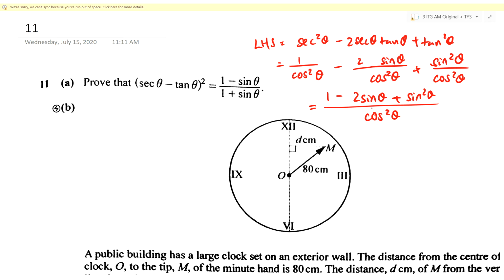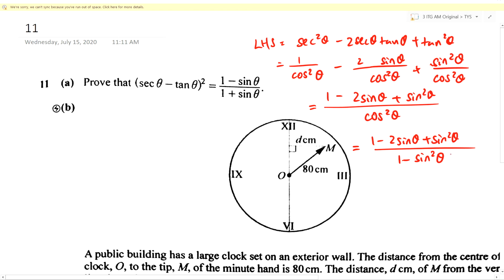Change sine squared to what? What can we do? What about the cosine squared? I think it's easier to change our cosine squared in terms of sine. 1 minus sine squared theta, yes. So 1 minus 2 sine theta plus sine squared theta over 1 minus sine squared theta.